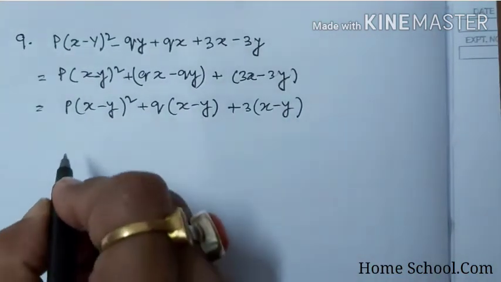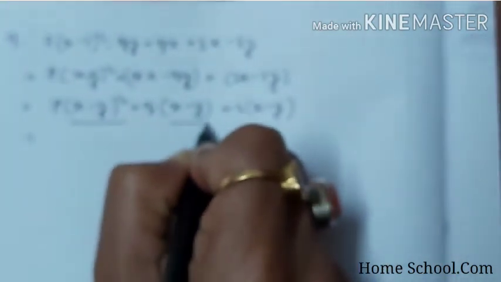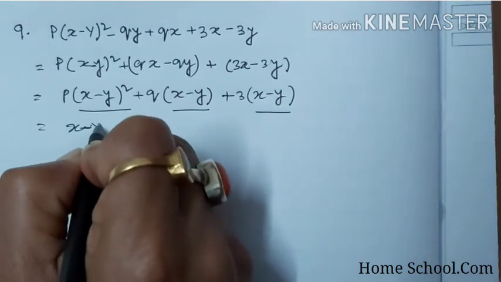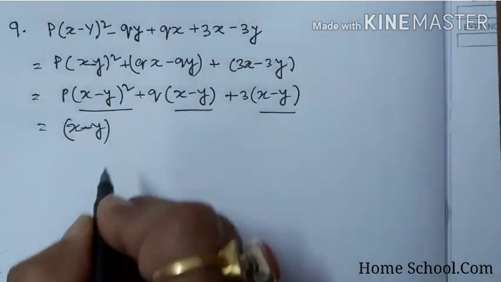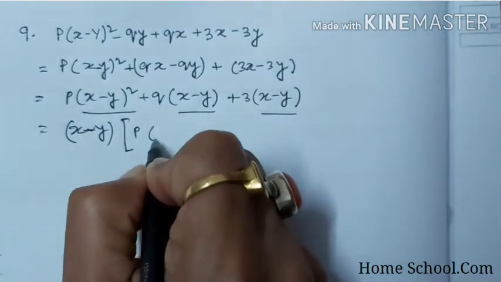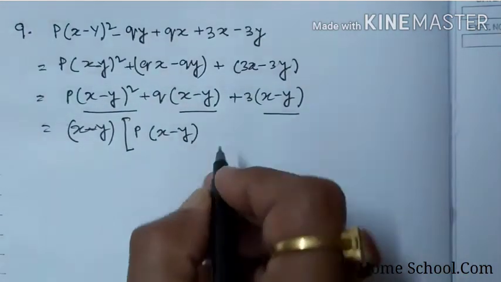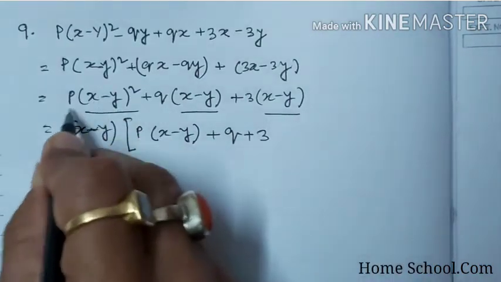Right now we have x minus y in every term, so you can take x minus y as common. If you take x minus y as common, then it becomes (x minus y) times (p(x minus y) plus q plus 3).